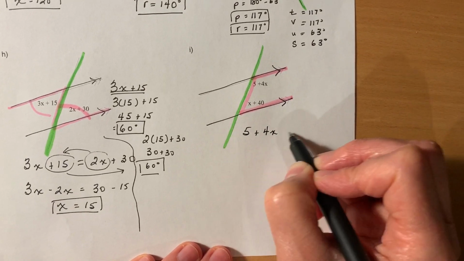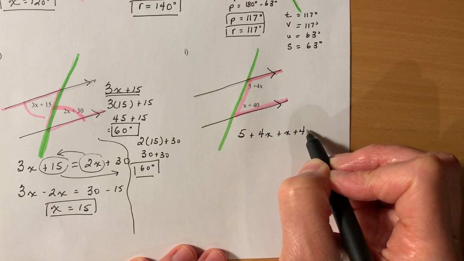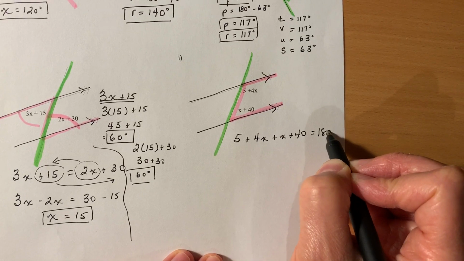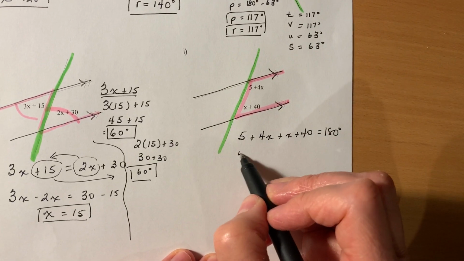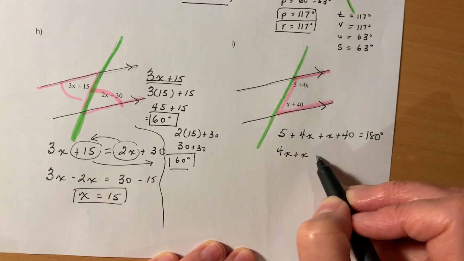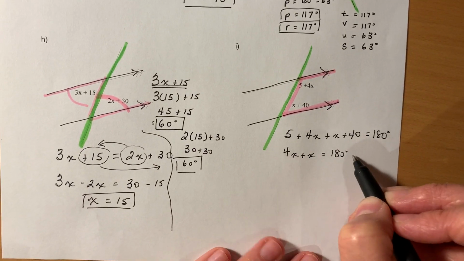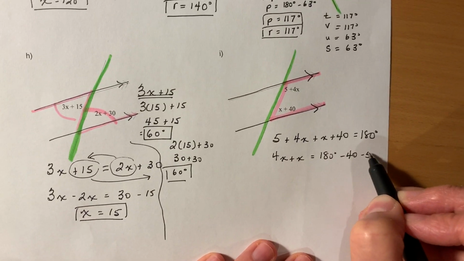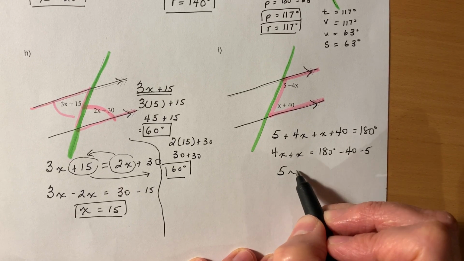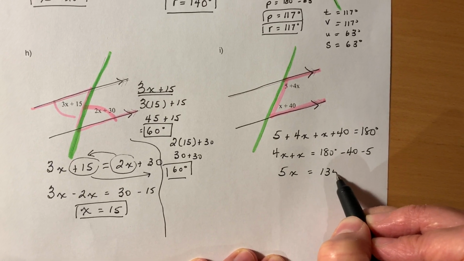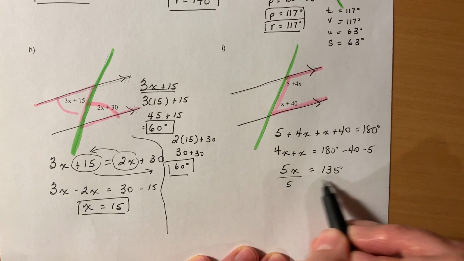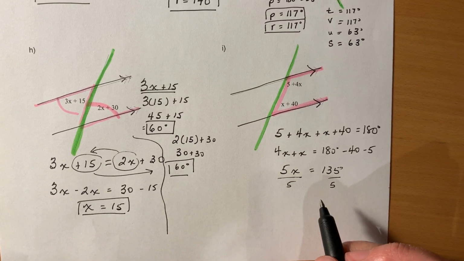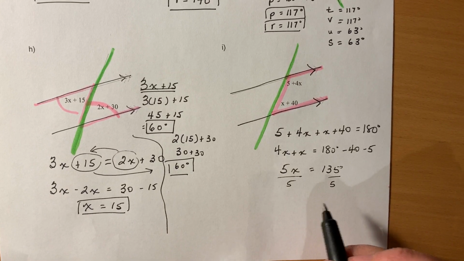So we need to add them together, and we know it equals 180 degrees. So keep all x's on one side. Anything without an x, move it. Don't forget to change the sign. So here I get 5x equals 135. Divide each side by 5. So then I know that x equals 27.